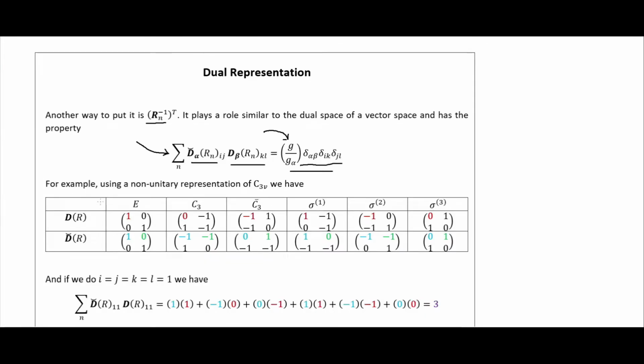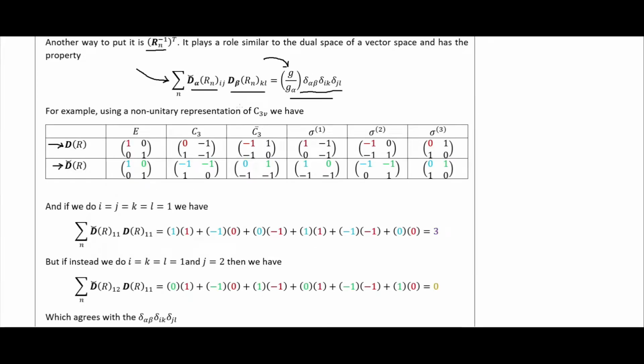As an example, we have these two representations of our C3v group. This is a non-unitary representation, and this is its contragradient. If we do this action with i equals j equals k equals l equals 1, we take the red and the blue one from each of these symmetry operations, multiply them and add them up, and we get 3.